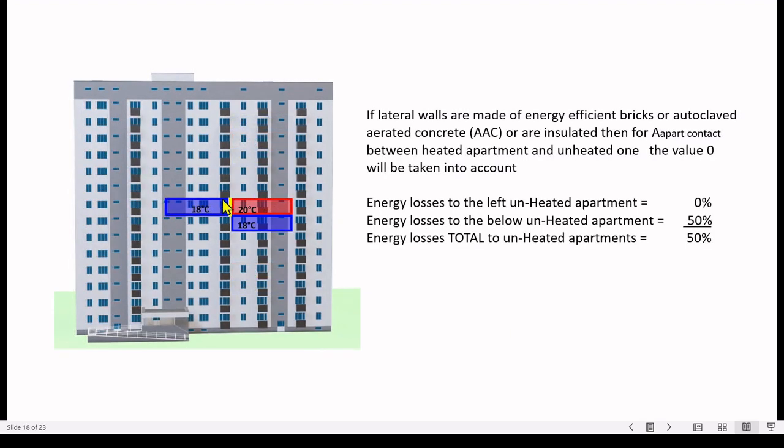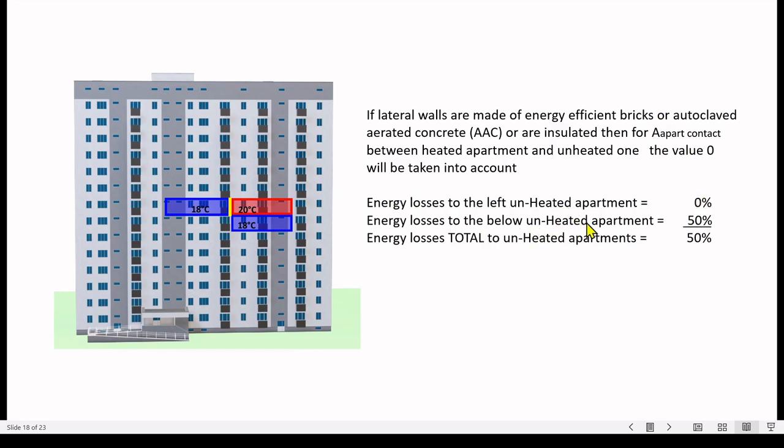Now consider a situation where the lateral walls are made of energy efficient bricks or autoclaved aerated concrete, or are insulated from apartment contact between heated apartment and unheated one, and will take the area with value 0. So energy losses to the left will become 0.